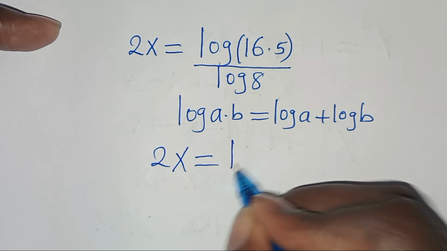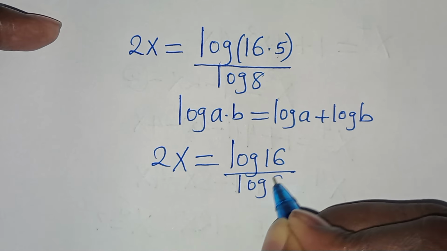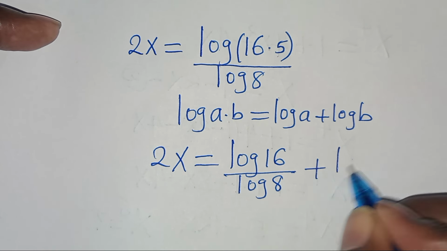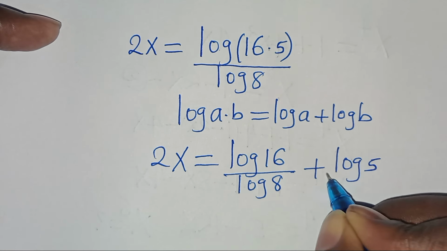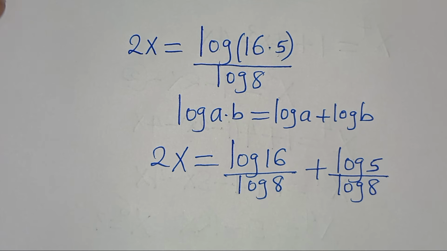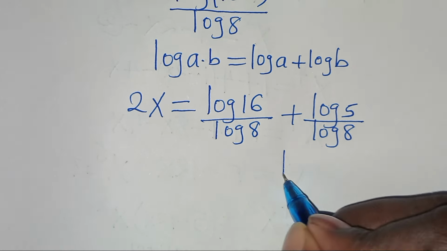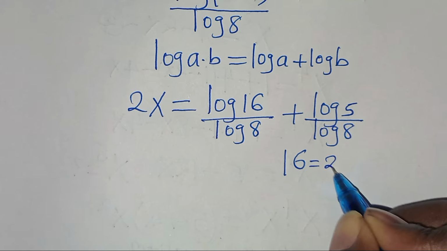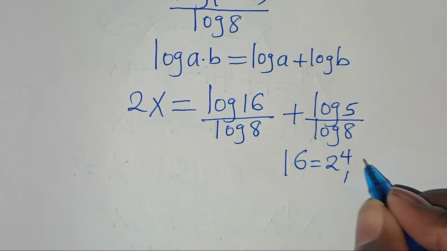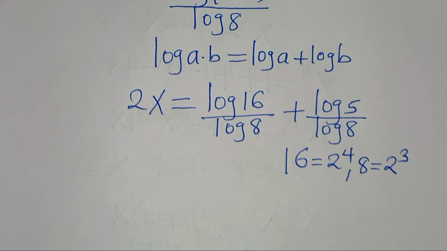This is equal to log 16 divided by log 8, then plus log 5 divided by log 8. Now, the next step is that we can express 16. This is 2 to the power of 4, and 8 can be expressed as 2 to the power of 3.